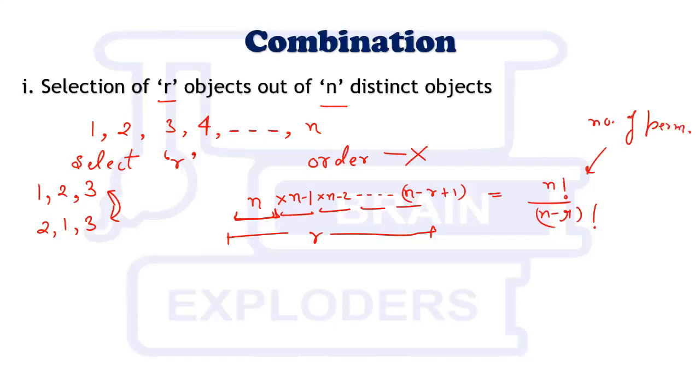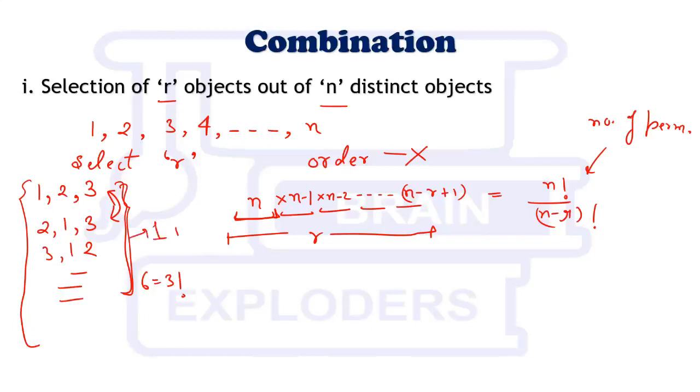In case of combination, 1, 2, 3, 2, 1, 3, 3, 1, 2, etc. For this particular case, 6, means 3 factorial, of these permutations will be treated as 1 in the case of combination. Similarly here, there will be a set of r factorial permutations which will be treated as 1 combination.